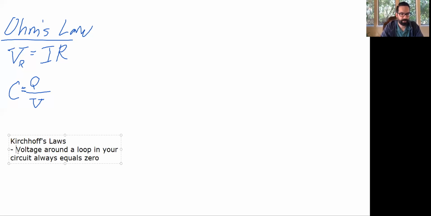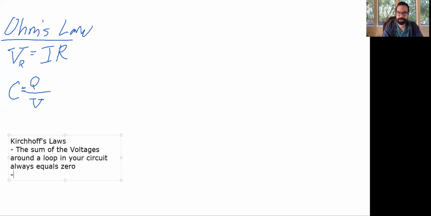Just say total voltage, or the sum of the voltages. So that's one, and that's called the loop law.